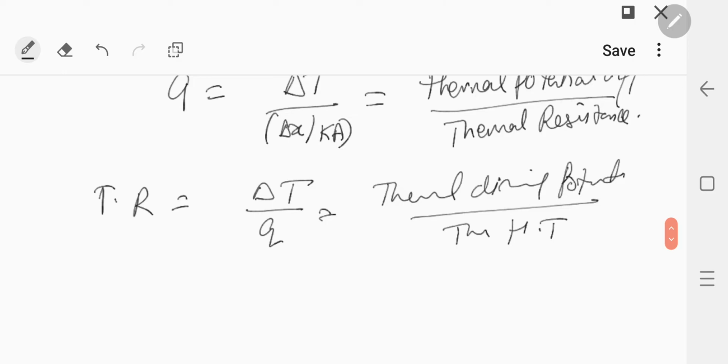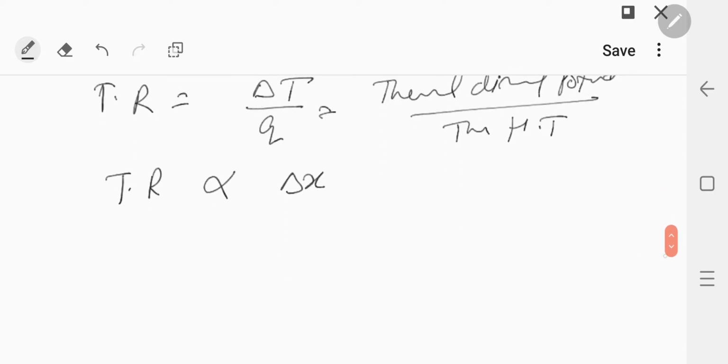Now over here we are clearly seeing that the resistance to the heat flow, that is thermal resistance, is directly proportional to the thickness of the material and inversely proportional to the thermal conductivity of the material as well as the cross sectional area of the surface.